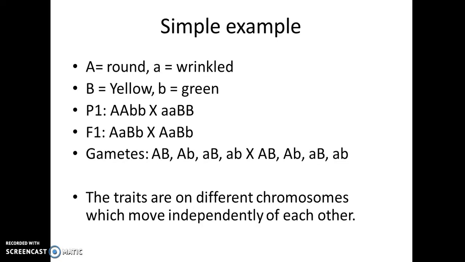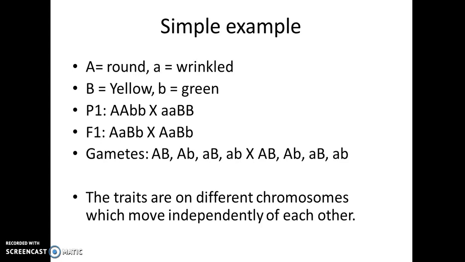So we're going to say that a truly homozygous round and green pea is crossed with a homozygous wrinkled and yellow pea. So in the F1 generation, all you can get is one big A, one little a, one big B, one little b. So every pea in the F1 generation will be round and yellow because they are heterozygous.